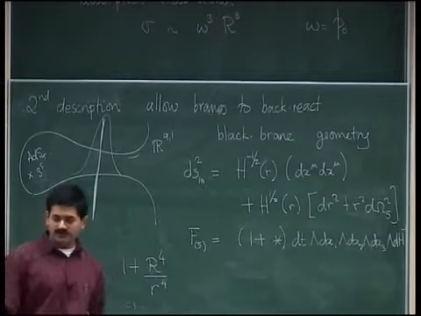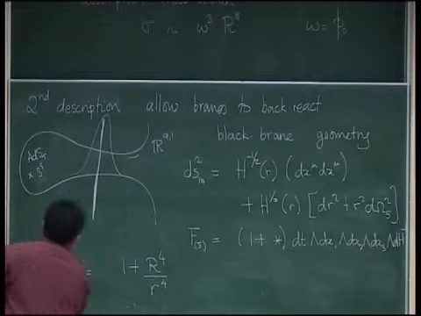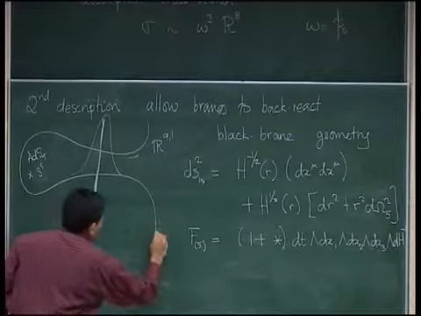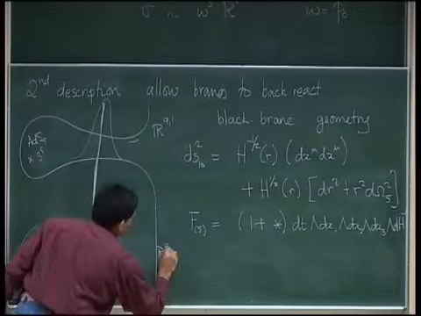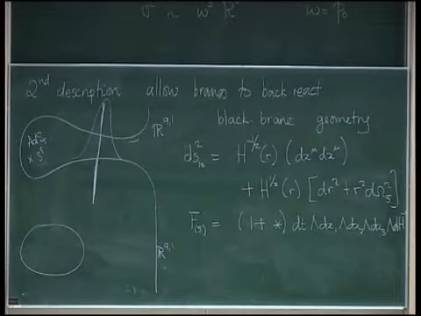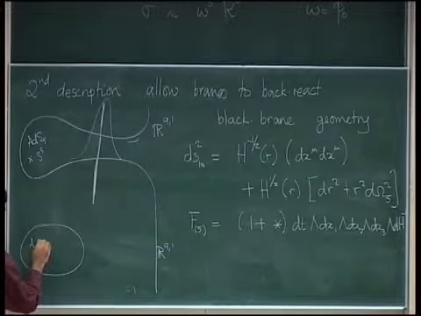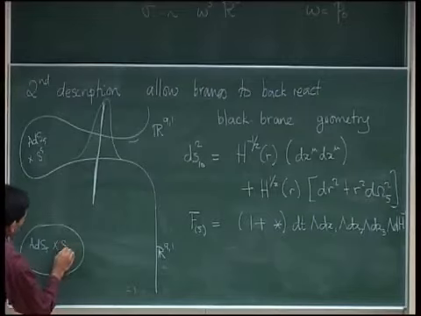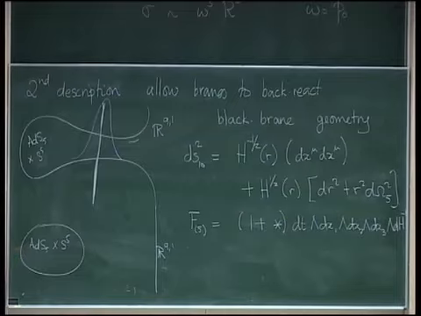Let me get rid of this. In the low energy limit, I have flat 10-dimensional space and some region, in some caricature form, which is AdS5 cross S5, and these guys just don't talk to each other.